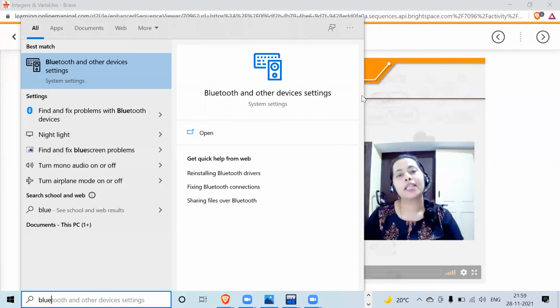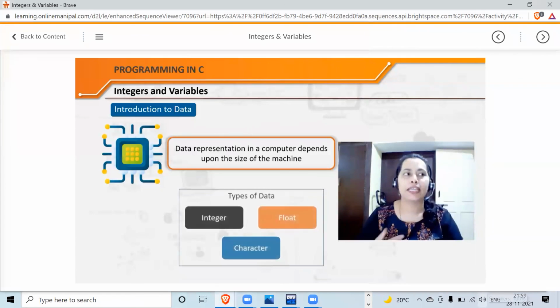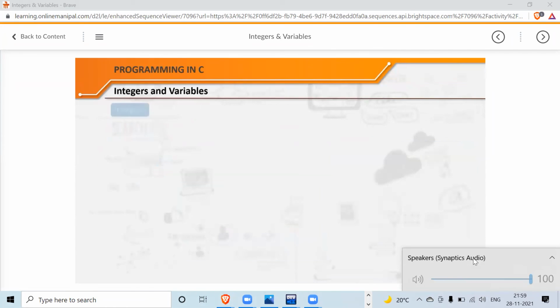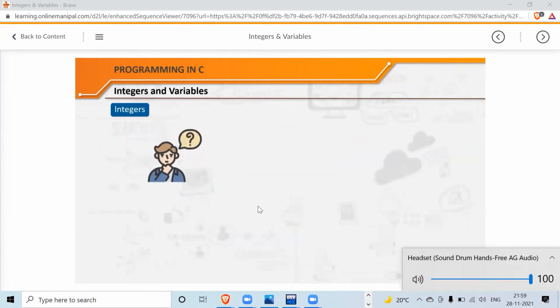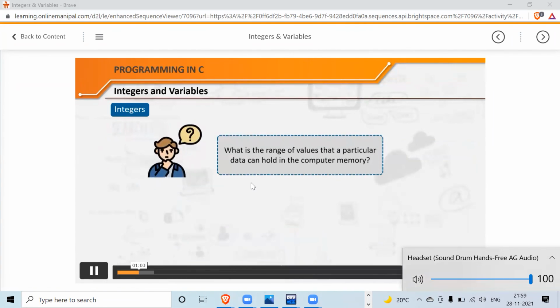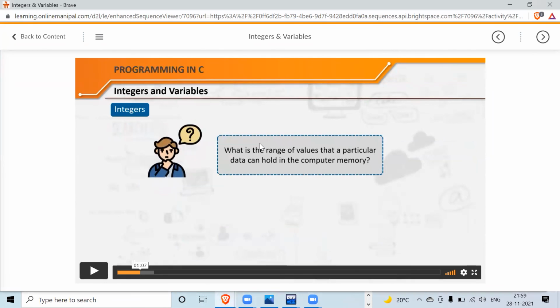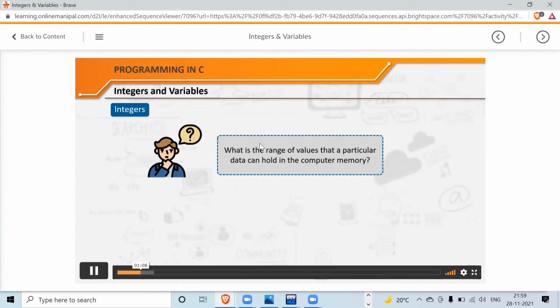Do you have audio now? No, still no audio. Little bit audio came in between.